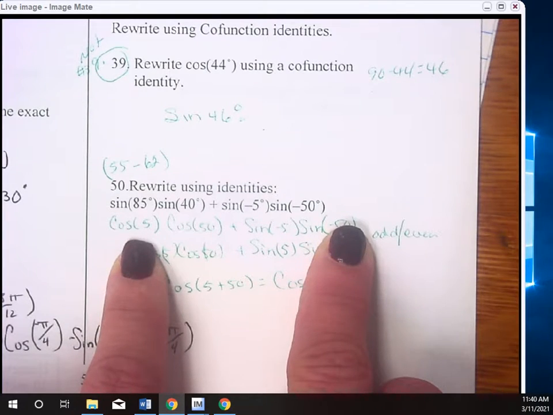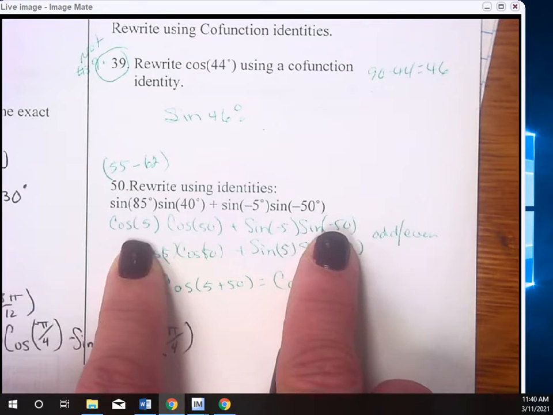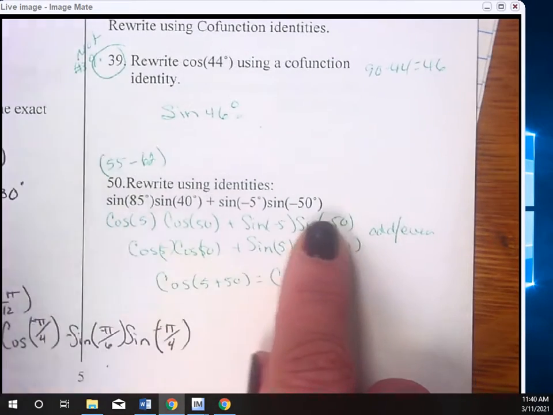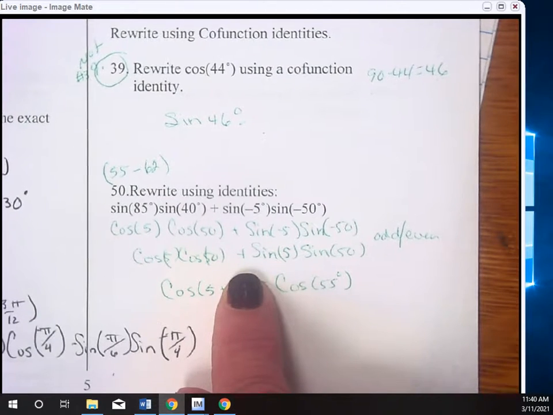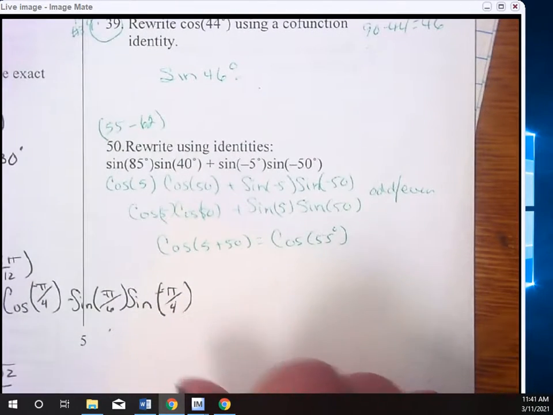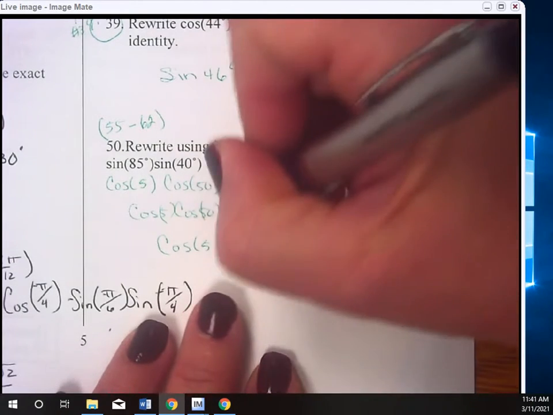Our odd-even identity says that the sign of the negative values come out to the front. A negative and a negative is a positive still. So now I have cosine 5, cosine 50 plus. So we're going to have to do what to 5 and 50? 5 minus 50, and I added.